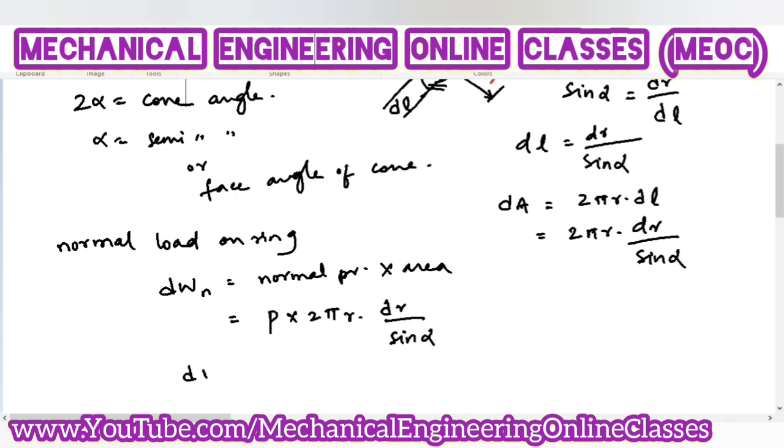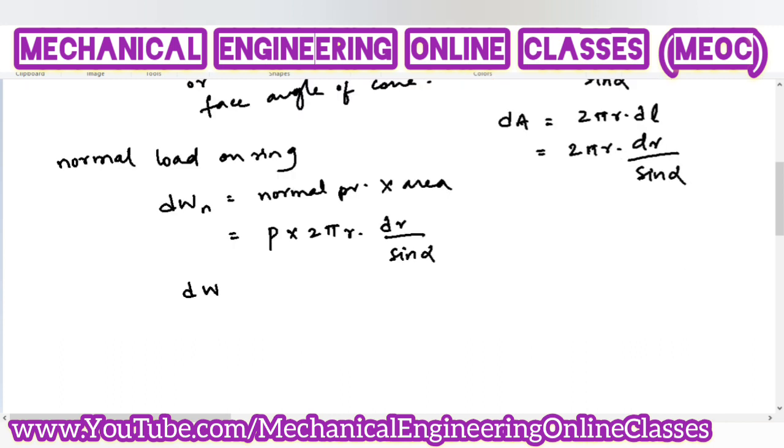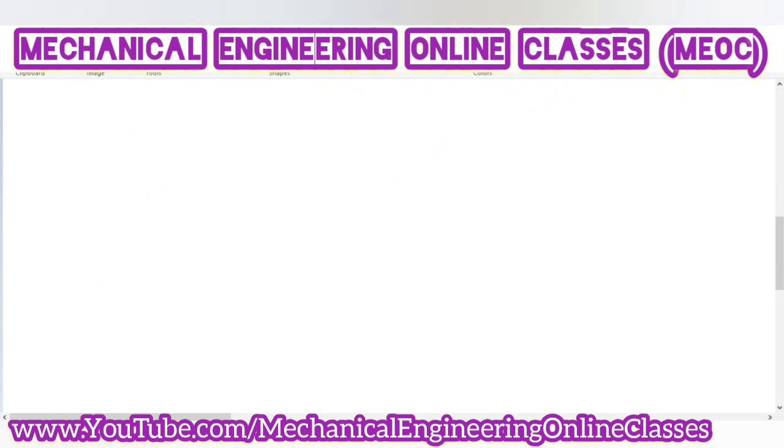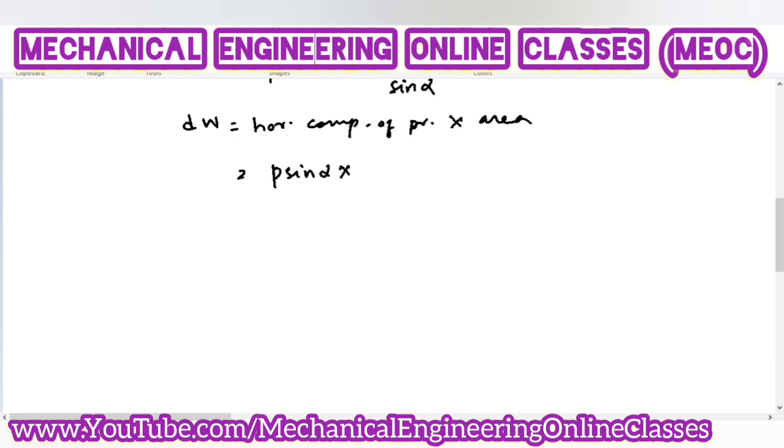So let us consider dW, which is the horizontal component of pressure multiplied by area. From the figure, the horizontal component of pressure is P sin alpha, into area 2 pi r dr by sin alpha. So I can cancel out sin alpha, and it is 2 pi into P r dr.